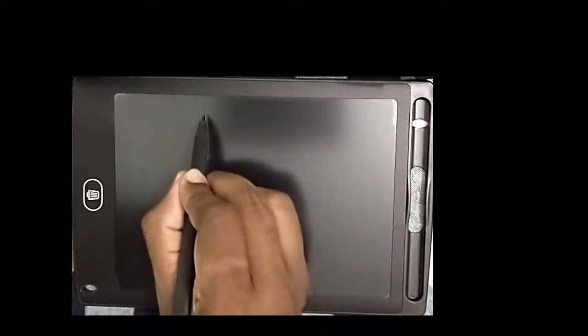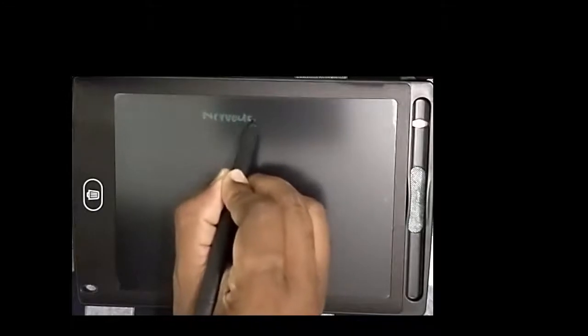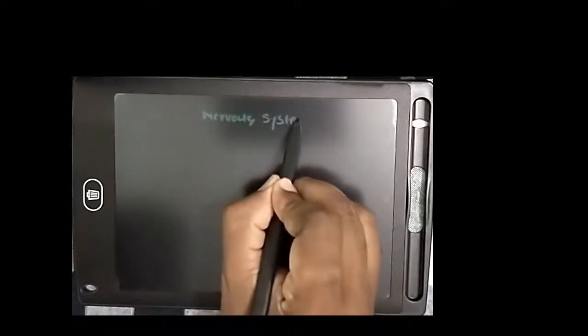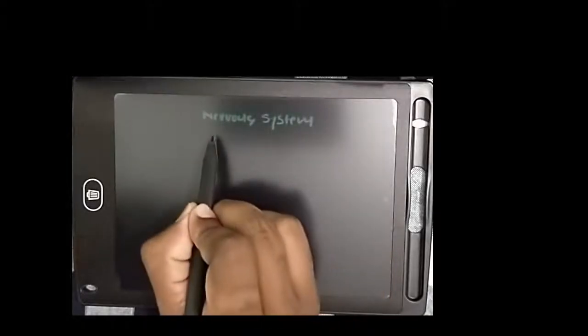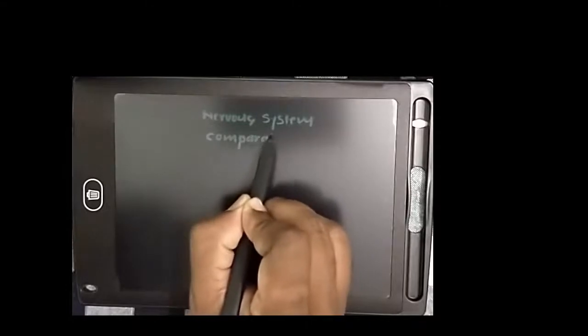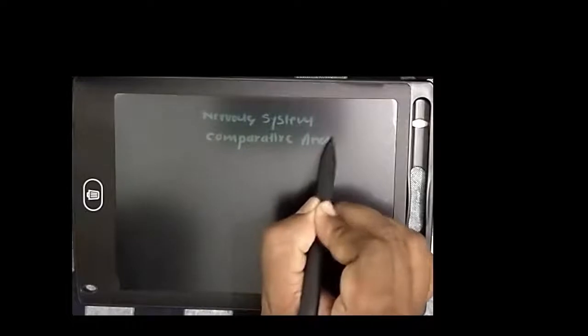Today I am going to explain the topic nervous system of BSc 3 Zoology. In this nervous system, the topic is comparative anatomy of vertebrate brain.